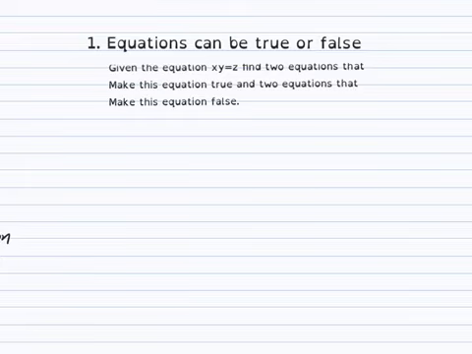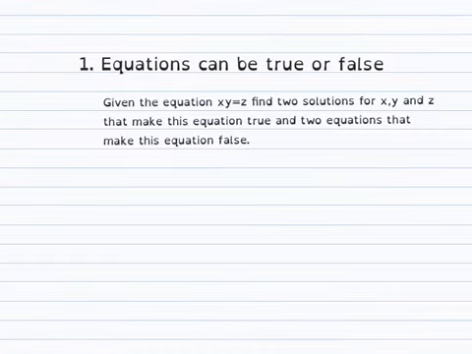Find two solutions for x, y, and z that make this equation true and two solutions to make this false.